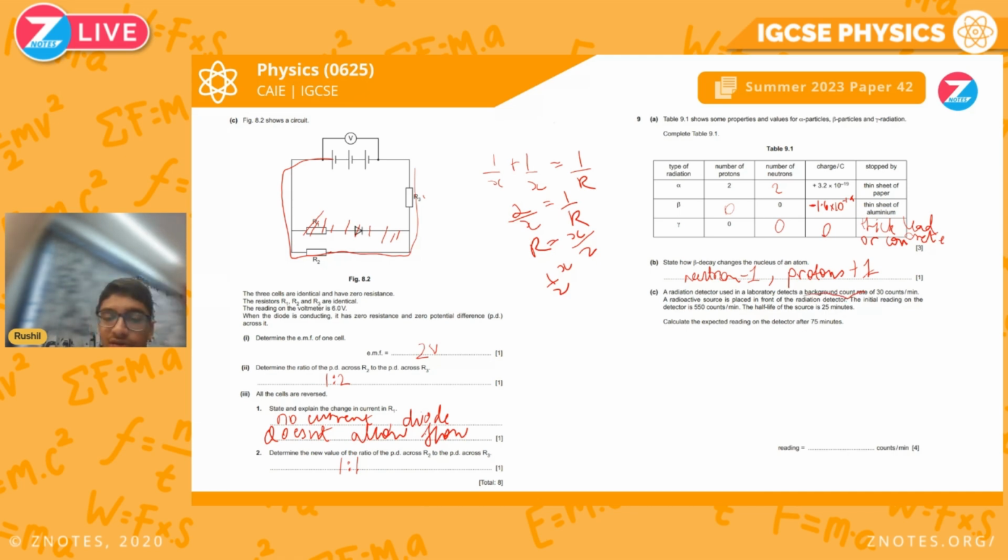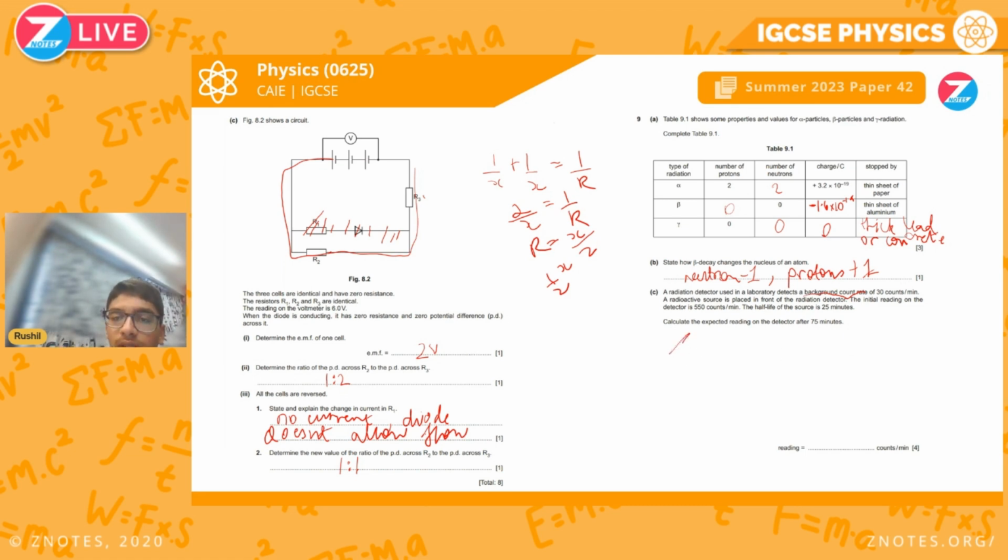So we need to find the corrected count rate, which is basically 550 minus 30 equal to 520. So we have our actual count rate, which is 520.